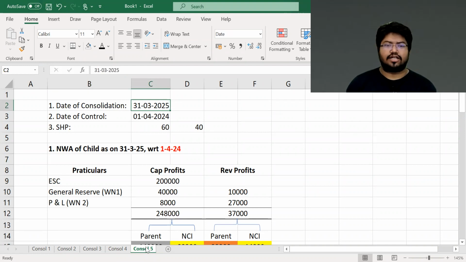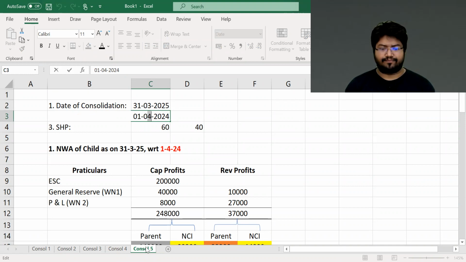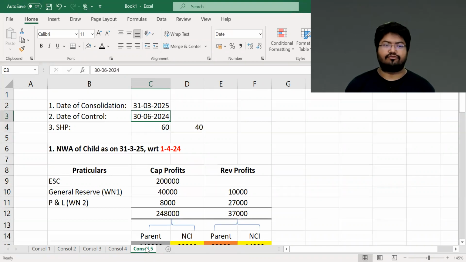So date of consolidation is 31st March 25, but date of control happens to be 30th of June 24, and shareholding pattern is 70-30.